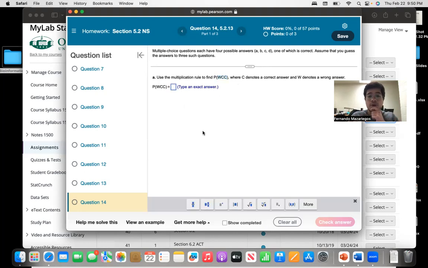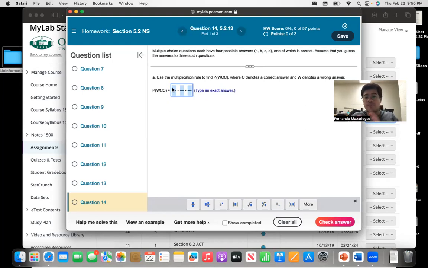Okay, so what is the probability that we get the first question right? No, sorry, the first question wrong, and the second and third questions right. Well, we know these are independent. We can use our multiplication rule we learned in section 4.2. So we multiply the probability of getting the first answer wrong, and then the probability of getting the second answer right, and the probability of getting the third answer right as well.